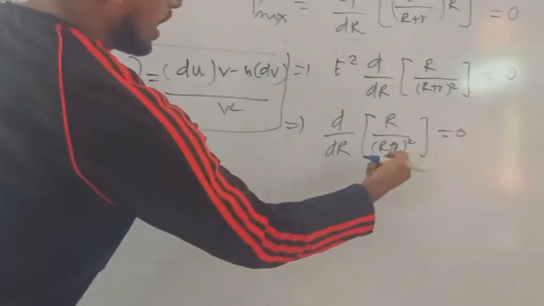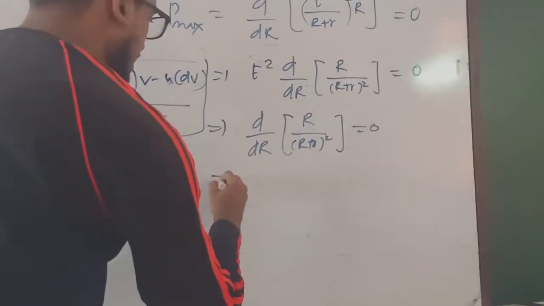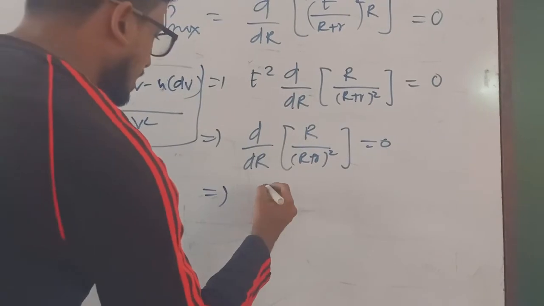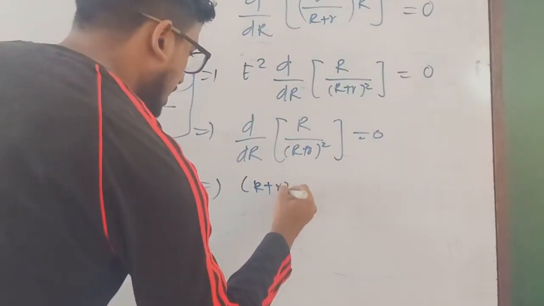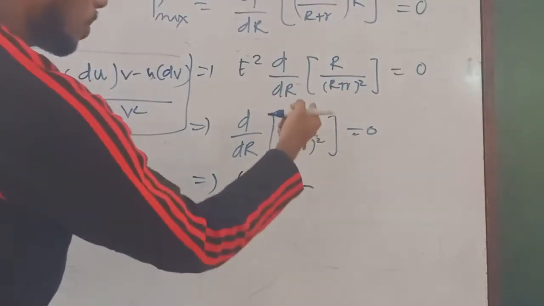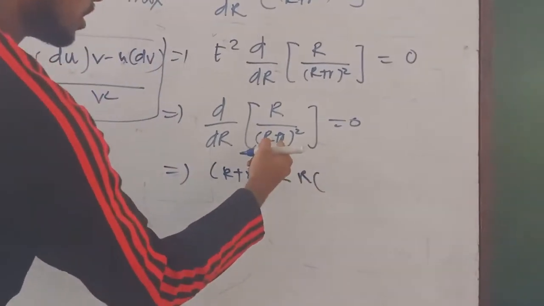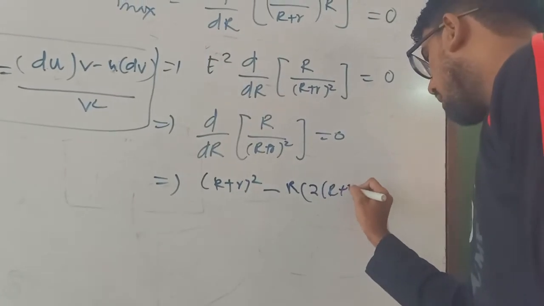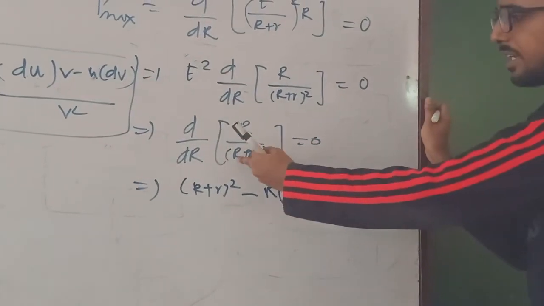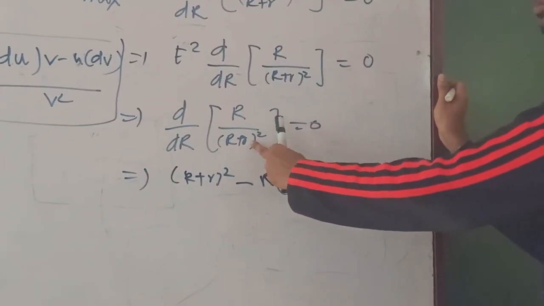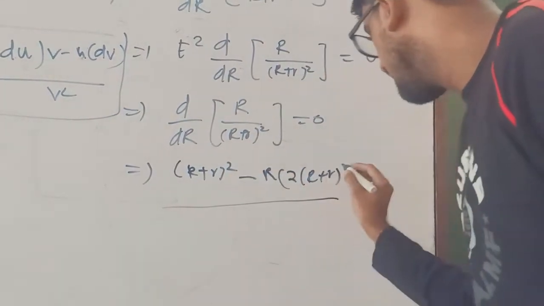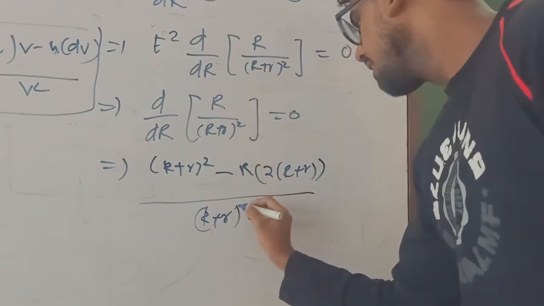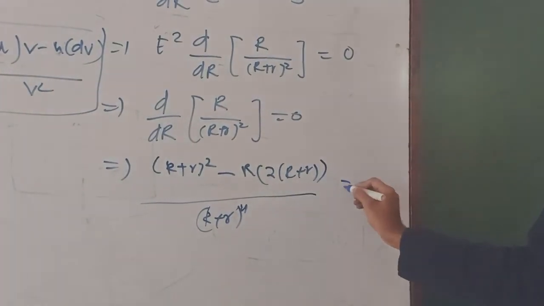So here, differentiation of R with respect to R will be 1 into (R plus r) squared, minus R into the differentiation of (R plus r) squared, which by the chain rule will be 2 into (R plus r). Clear? And again the differentiation of (R plus r) will be 1, and r will be 0, all divided by (R plus r) squared again squared, that will be 4, equal to 0.